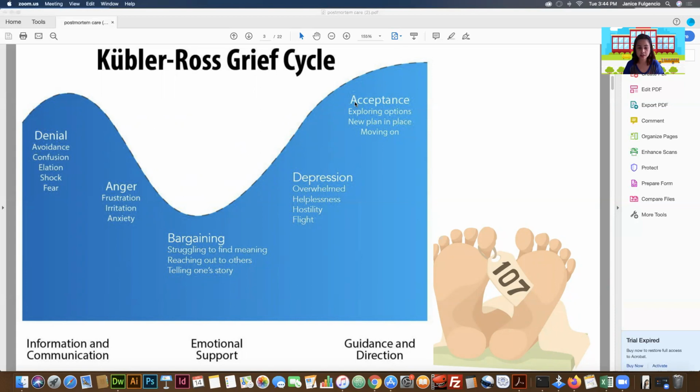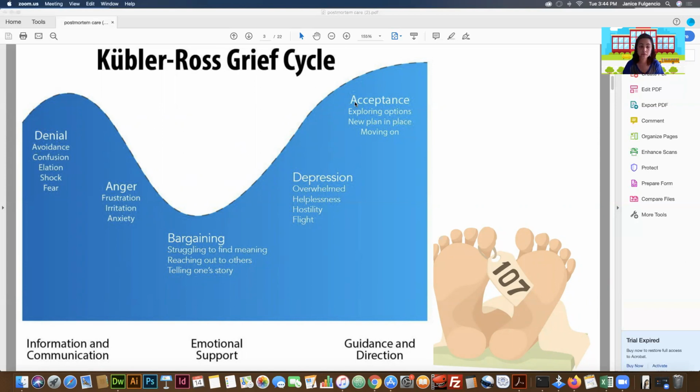Bargaining is struggling to find meaning: why is this happening to me, not to others? It involves reaching out to others and telling one's story. Then depression is when you are very down, overwhelmed, with helplessness, hostility, and flight.